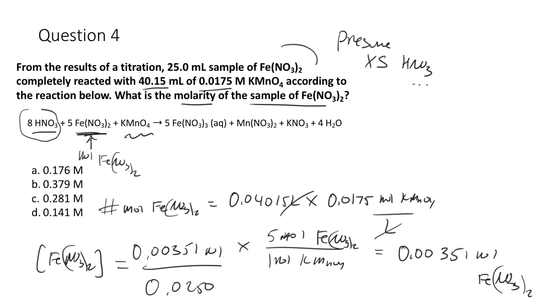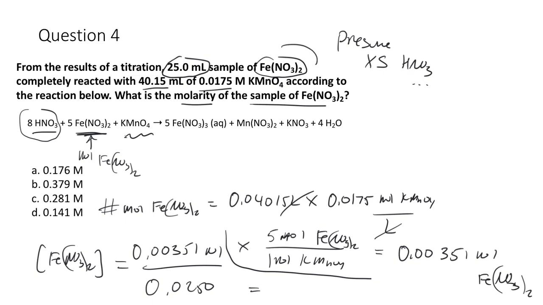So the idea is we have this 25 mL portion of a solution of iron nitrate that we want to know its concentration before the reaction takes place. So we figure out how much of the other reactant is needed to fully react with it. We must have had some color change to indicate the end point of this reaction. That's the whole point of a titration.